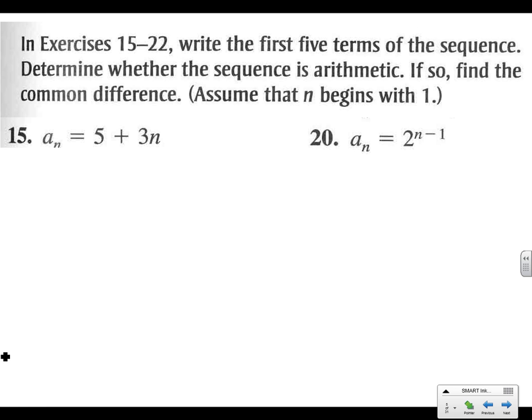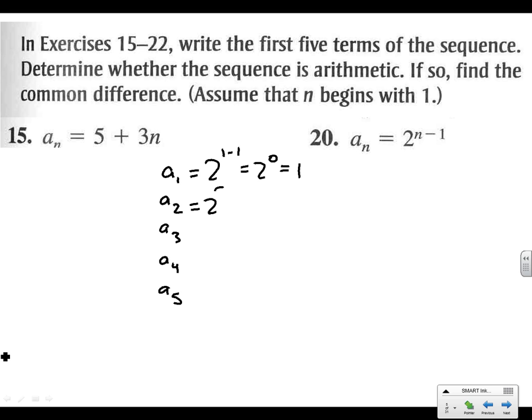20, let's find the first 5 terms. We're going to plug in 1, 2, 3, 4, and 5 for n. So A1, let's get the answer column set up here. If I plug in 1, we'll have 2 to the 1 minus 1, which is 2 to the 0, which is 1.